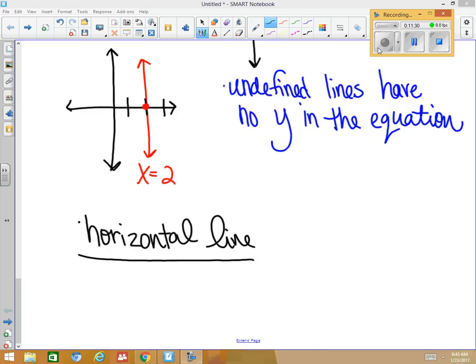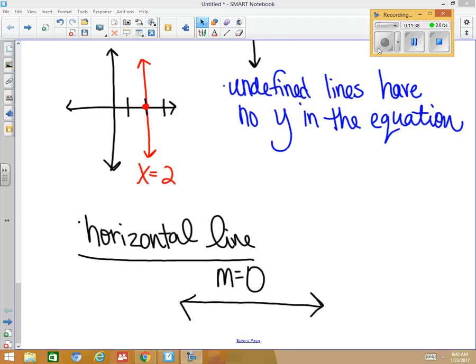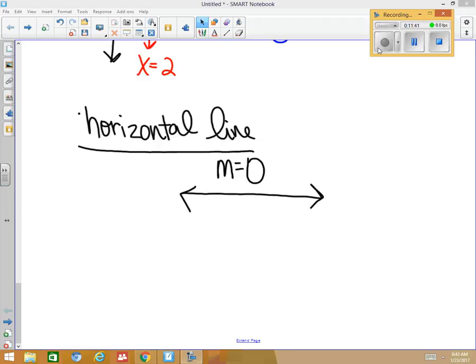What's the slope for that one? 0. And they look like this, right? Side to side. Remember, flat. Horizon.